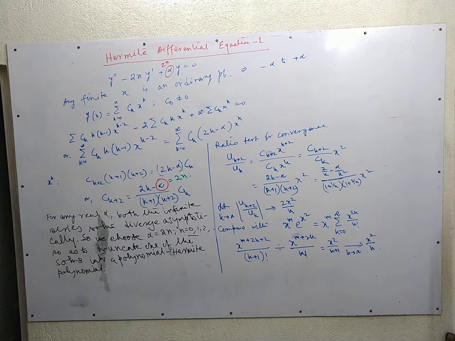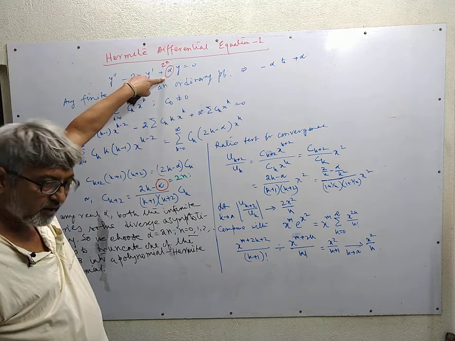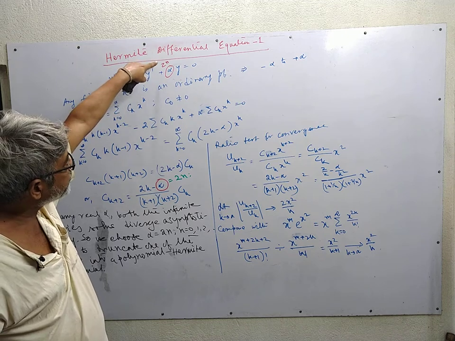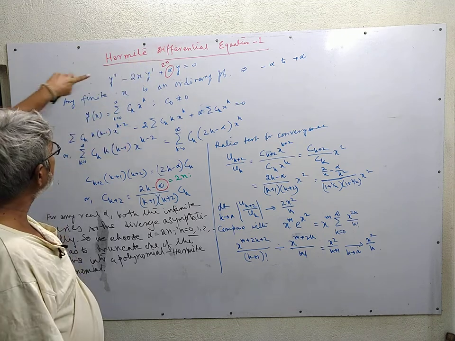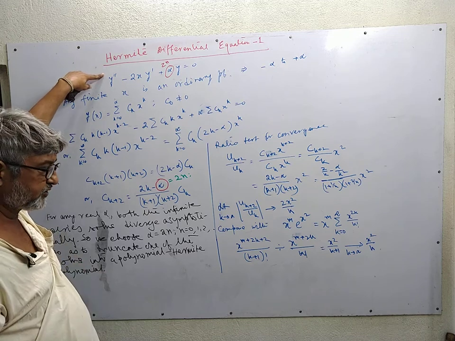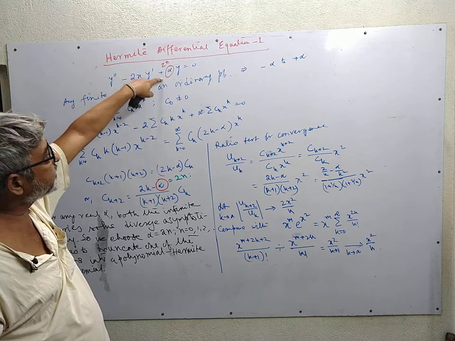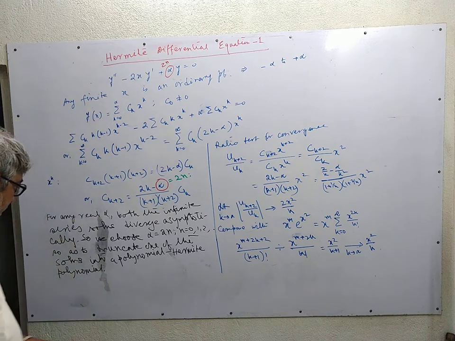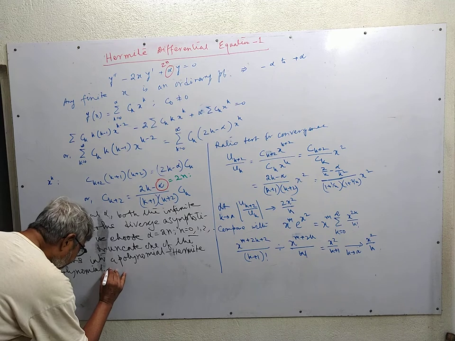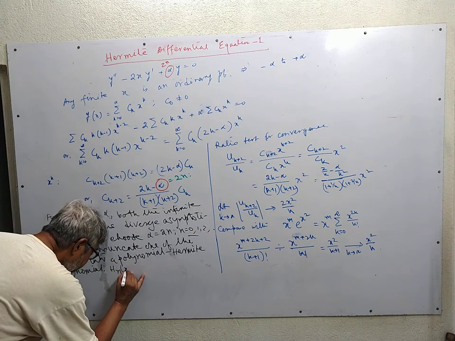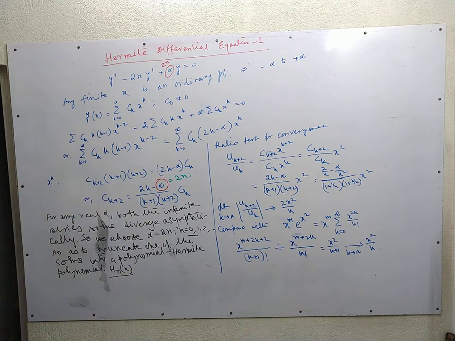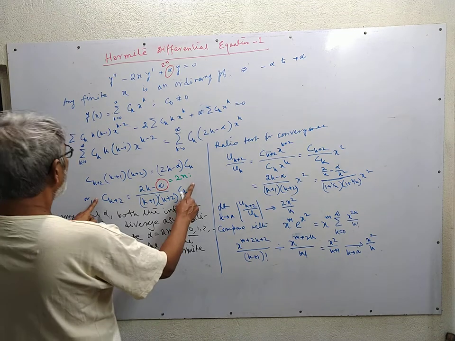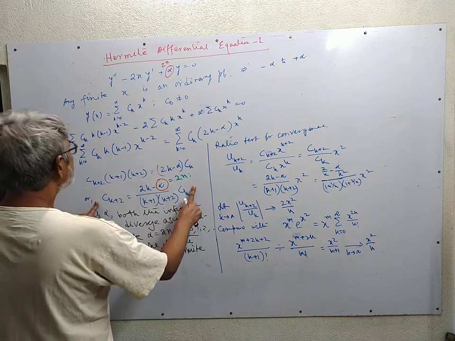At this point, note that if alpha is not equal to 2n, then the solution of this equation is not a polynomial. If we choose alpha equal to 2n, we get a polynomial, which is generally denoted as H_n of x. So we come to this relation with alpha equal to 2n.